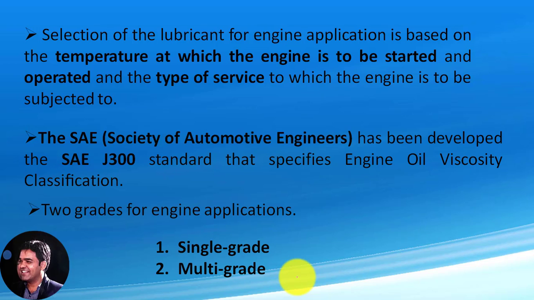This will affect the selection of engine lubricant, and the type of service to which the engine is to be subjected. During the normal servicing of the engine, which type of service is applicable for a particular type of engine also affects the selection procedure for the engine lubricant.